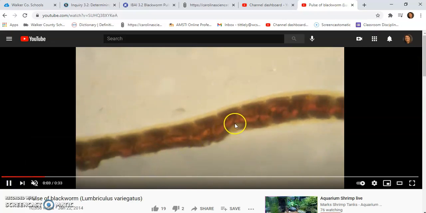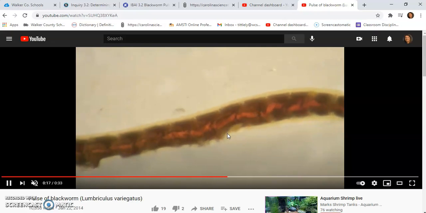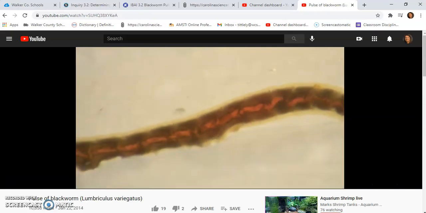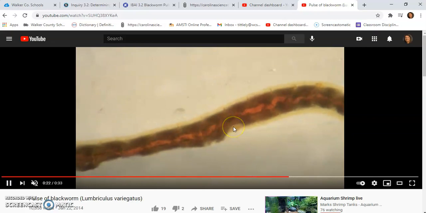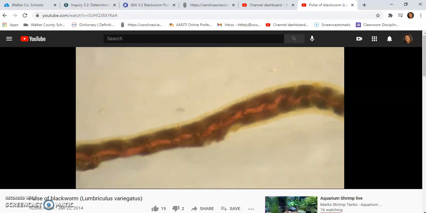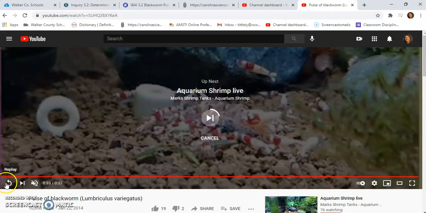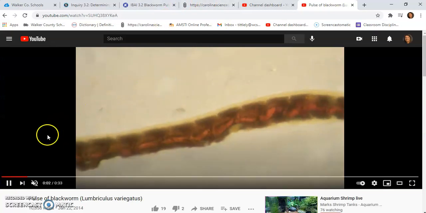We could, I guess, technically count that first one, but since we haven't so far, this will be 1, 2, 3, 4. Okay, so 4. So let's go to our data table.